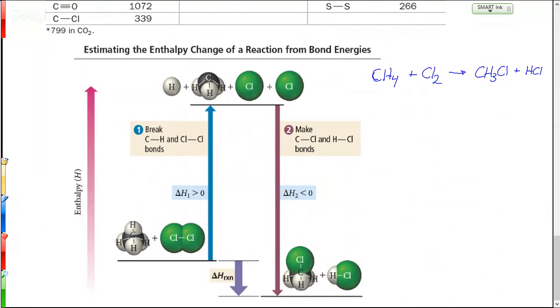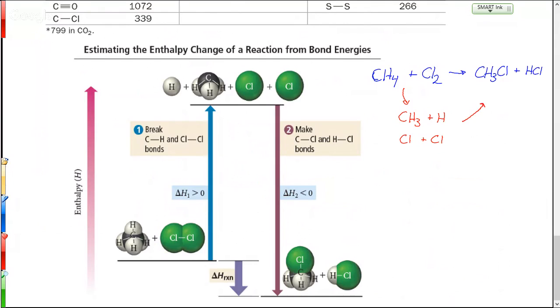Because when this reaction happens, you can think about what has to be broken and what has to be formed. So in this reaction, we could think about this as breaking a C-H bond and a Cl-Cl bond. So we can think about this as breaking off one of the H's from CH4 and breaking the Cl2 to make Cl and Cl.